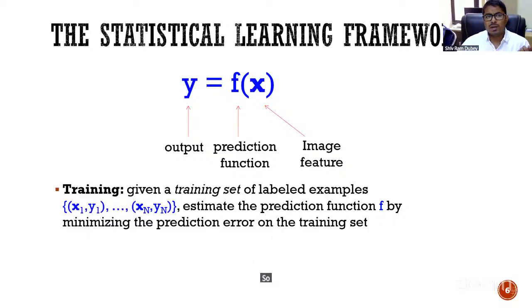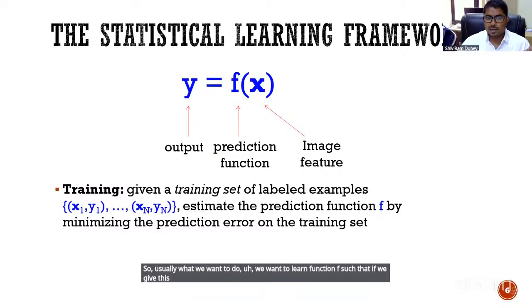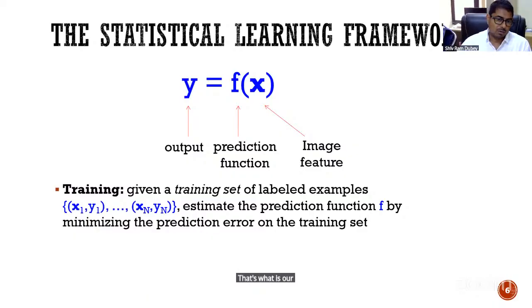Usually we want to learn a function f such that if we give the input image xi to this function f, then we should be able to predict yi as the output, meaning its class label. That's our motivation to learn this function. And why do we want to do that?